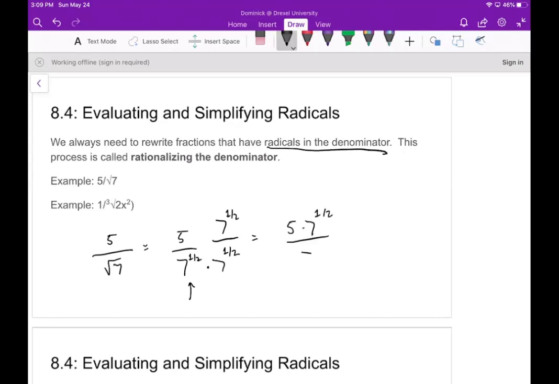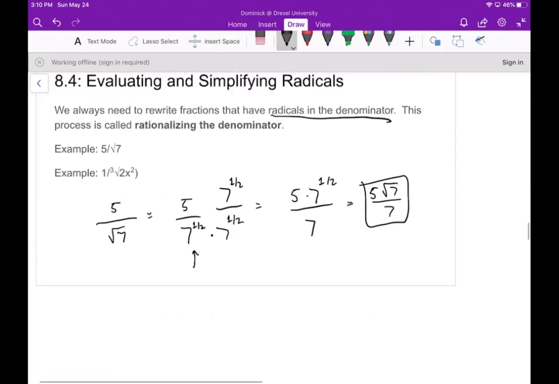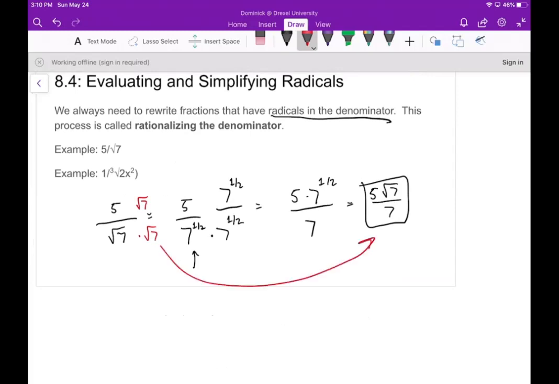And now on the bottom, I just have 7 to the 1, or just 7. And of course, this is 5 times the square root of 7 over 7. Now, most of the time when we think of rationalizing a denominator, we don't think of it as multiplying by 7 to the 1/2. We just multiply top and bottom by the square root of 7, right? And of course, that's what would get you this.